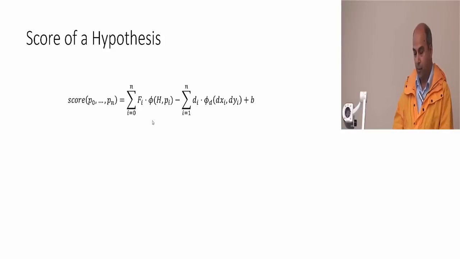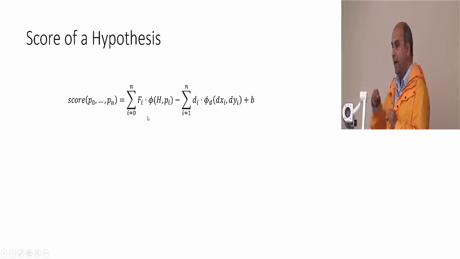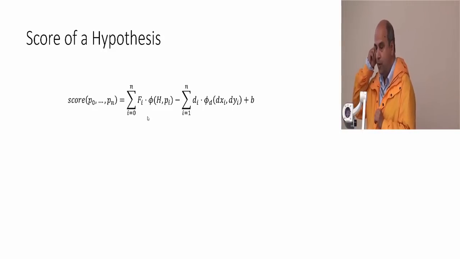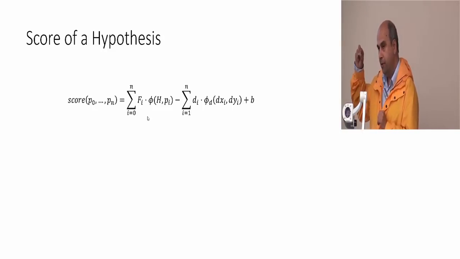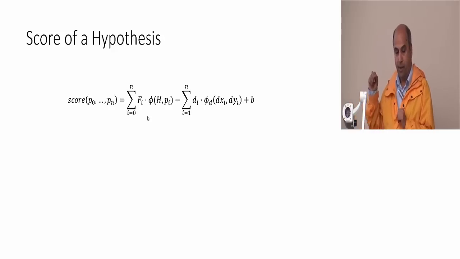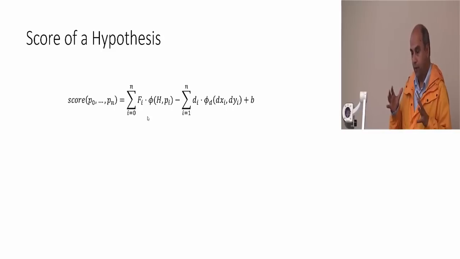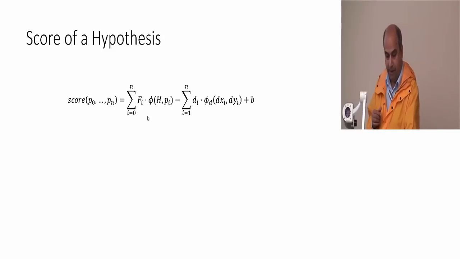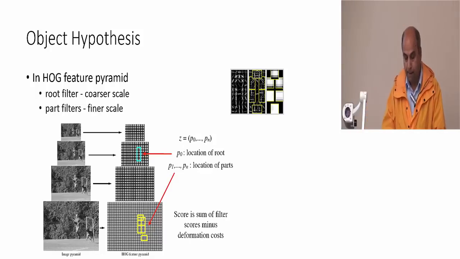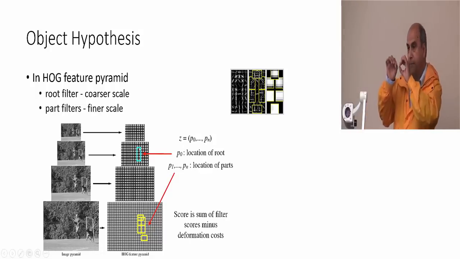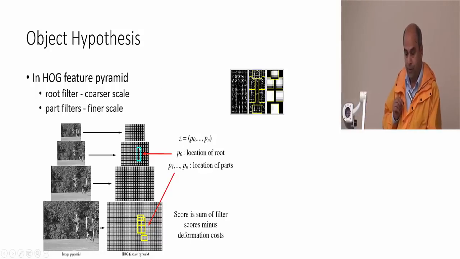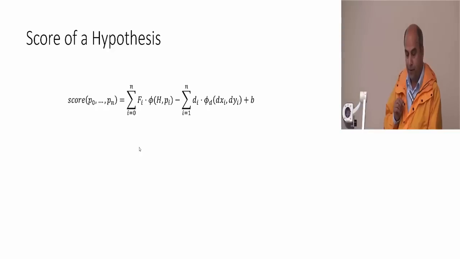So that is one term of the score, when the root occurs at P0 and the parts occur at P1, P2, P3, and so on. This is the score for that. As you saw here, depending on the root, we are going to find where the parts occur. So that is the first term.